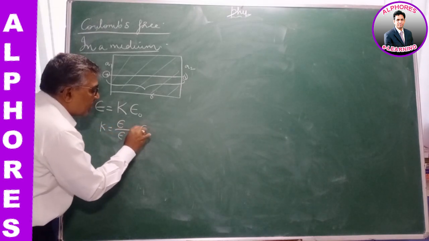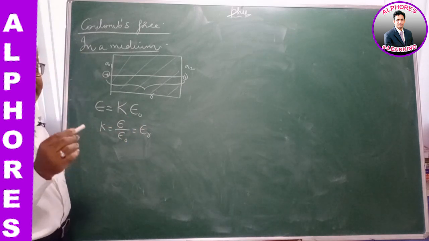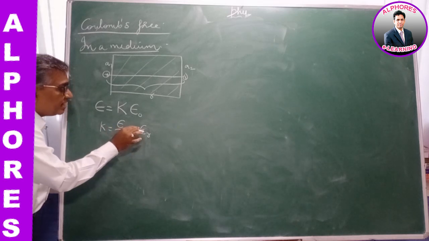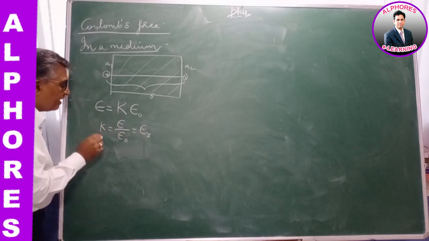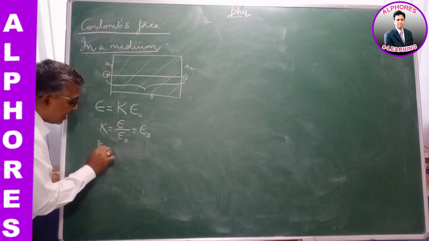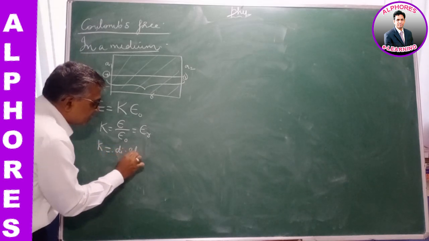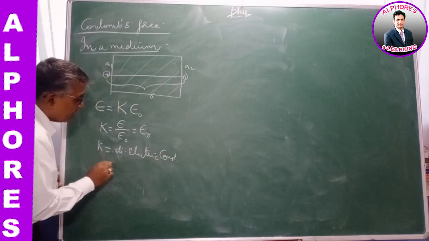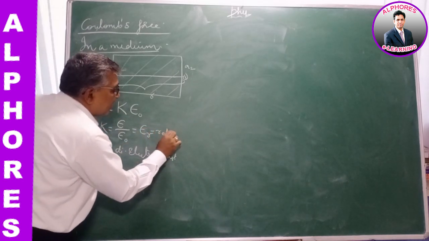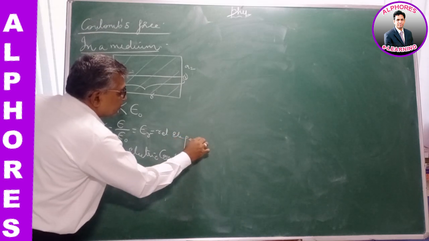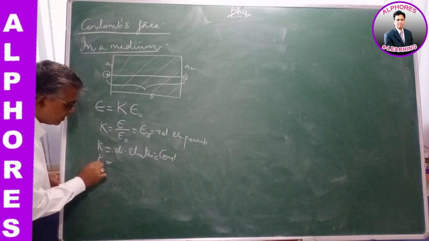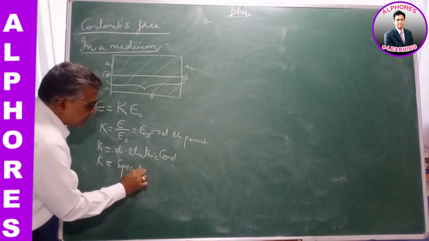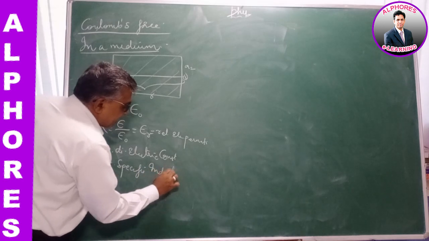This is also called epsilon R, the relative electrical permittivity of the medium as compared to air, vacuum. It is called relative electrical permittivity, or capital K. K is termed as dielectric constant, or relative electrical permittivity, or it is also termed as specific inductive capacity.